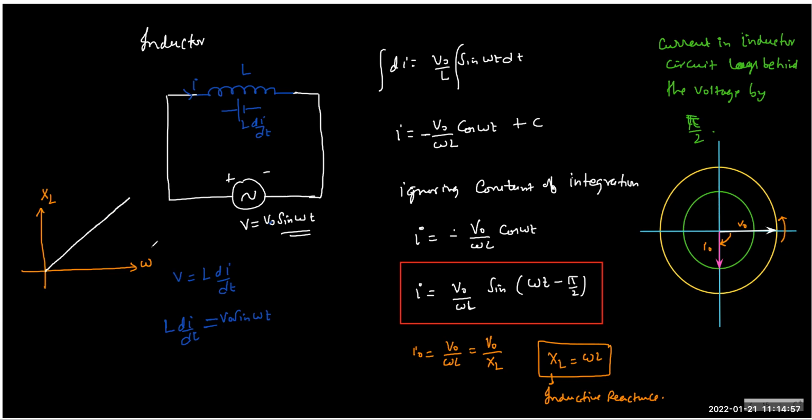But they are okay with the low frequency because they don't offer much resistance. That's what they call low pass filter. So inductors are low pass filter, capacitors are high pass filter.